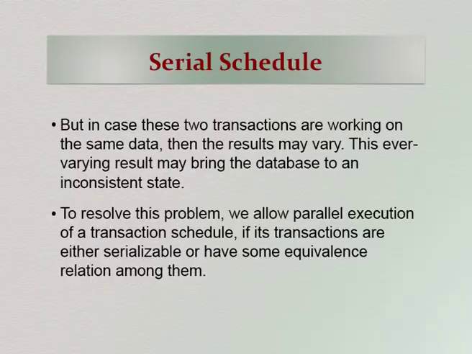One transaction needs to wait and the other is allowed to happen, and only then can the second transaction happen on the same data item of the table. In case these two transactions are working on the same data, the results may vary. So which transaction needs to be allowed first, and which next?